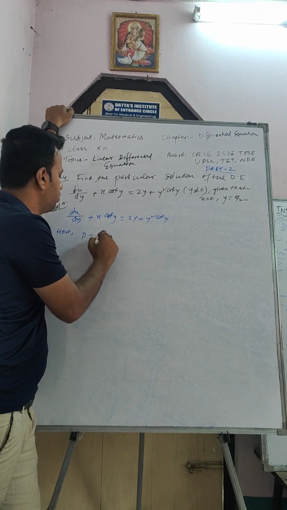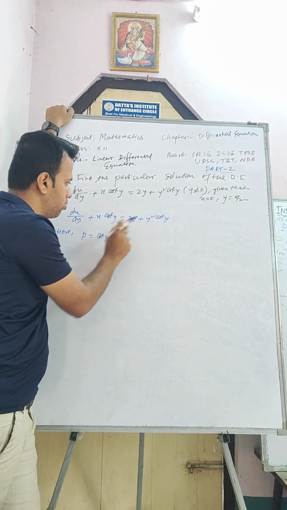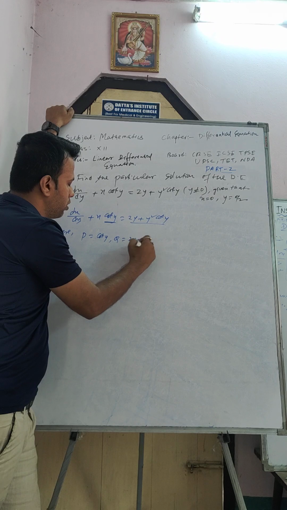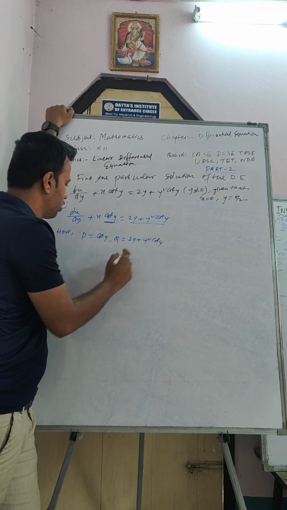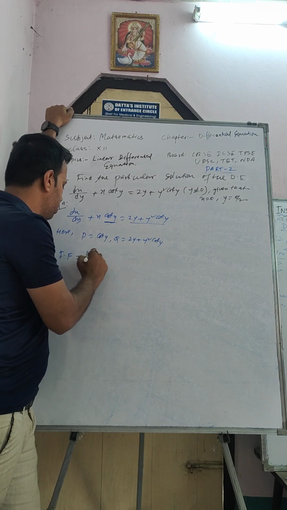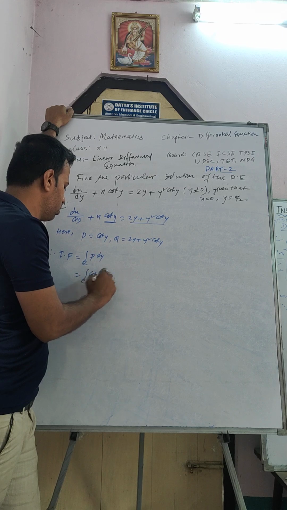It is in the form of dx by dy plus px equal to q. Okay, so it will be p, it will be q. So q will be 2y plus y square cot y. Now we have to find out the integrating factor. What is it? E to the power integral of p dy, e to the power integral of cot y dy.